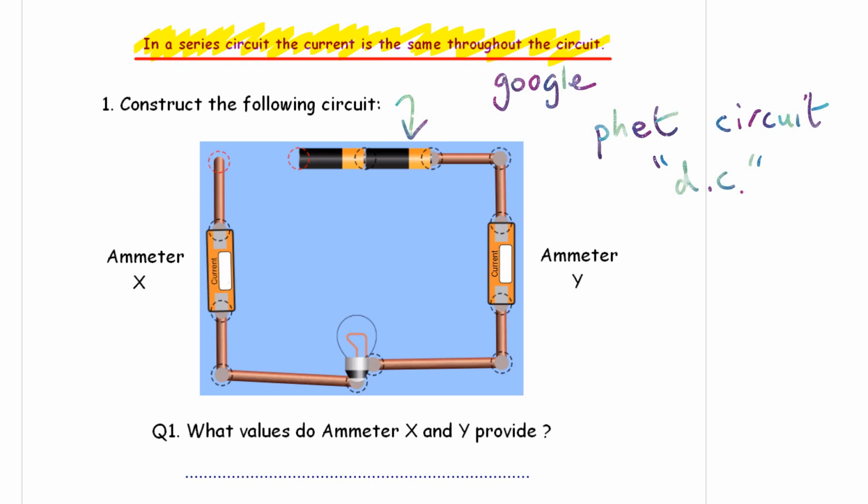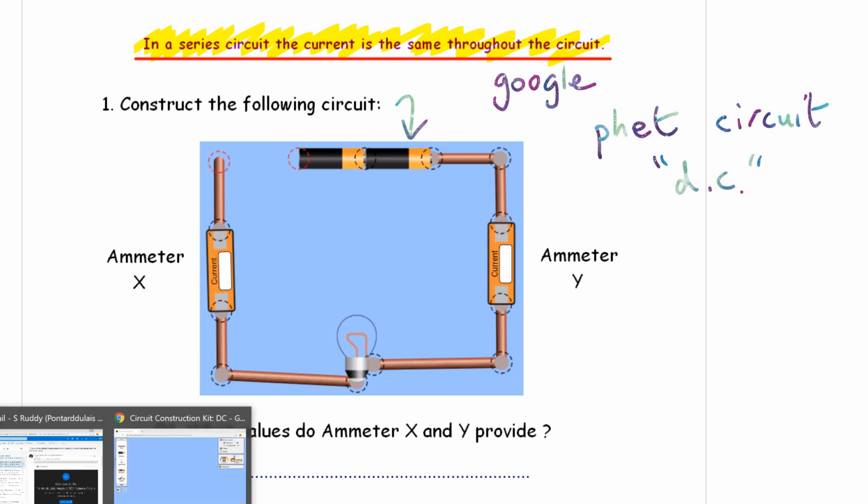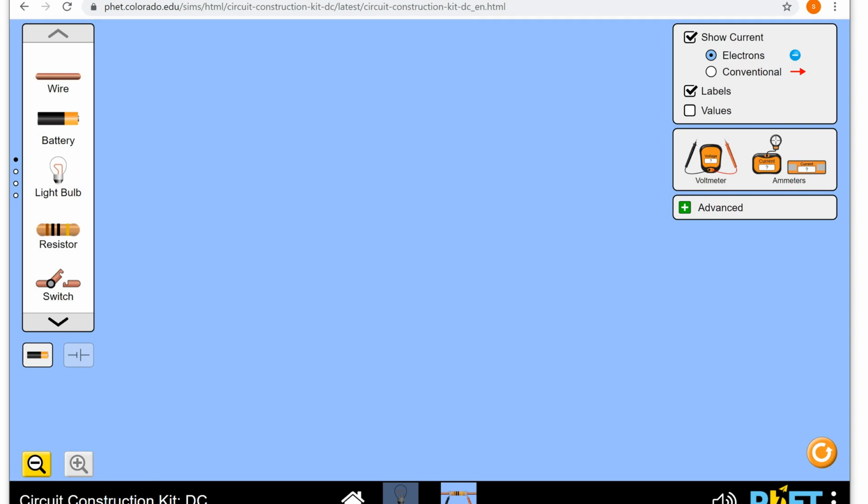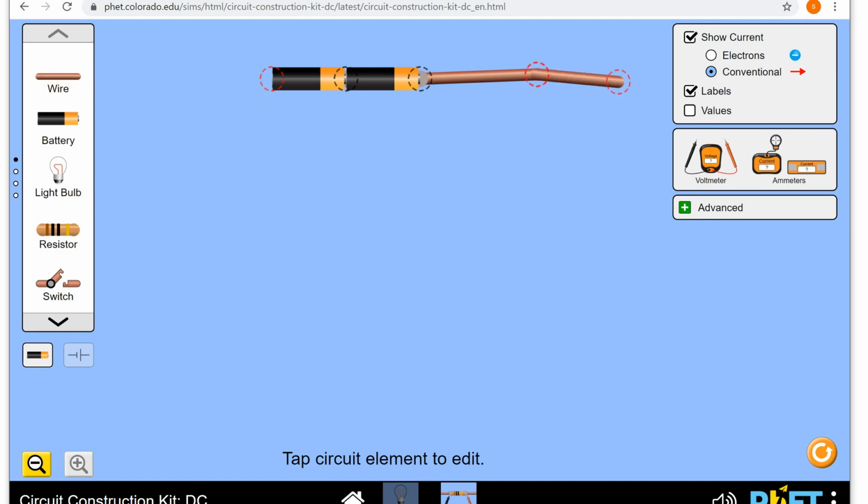And in fact, I've logged on, so I'm going to construct this circuit now, okay? So, battery, here goes the wire, another wire, and then we put in a proper ammeter, like so, another wire.